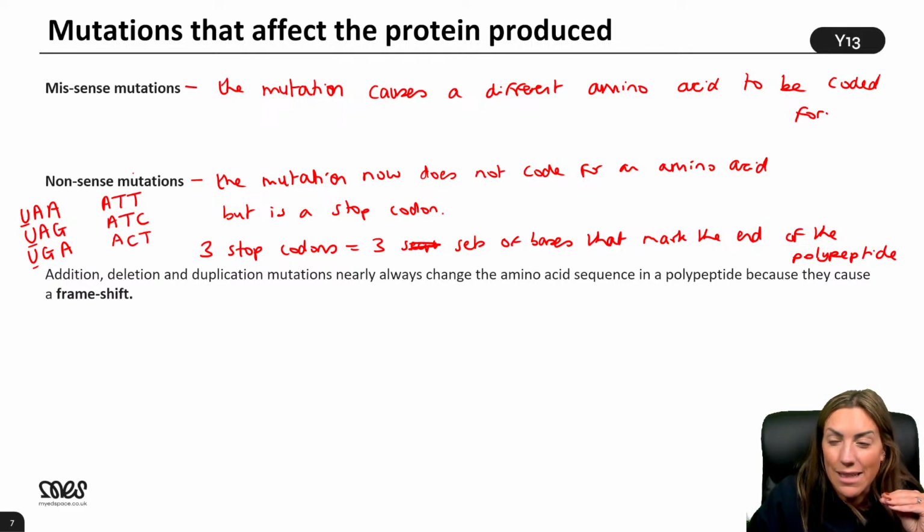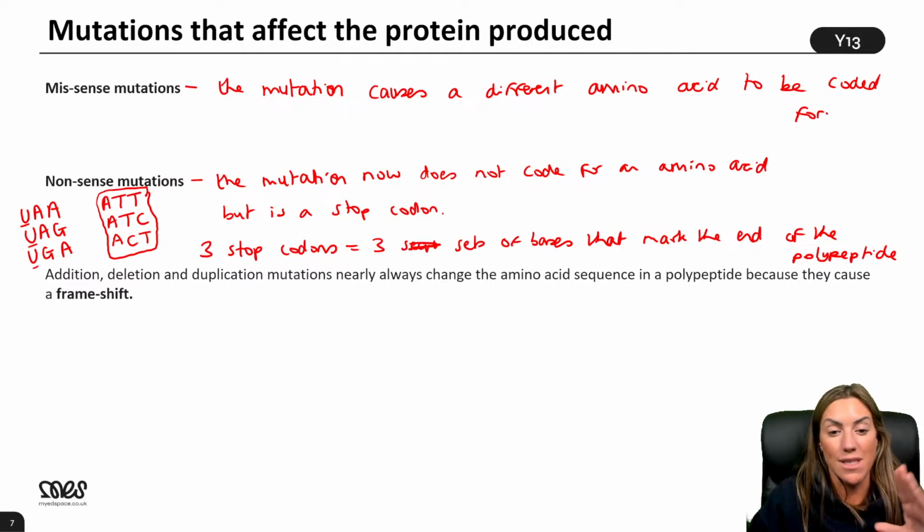So basically, if you get any of these in DNA, then you are marking the end of the polypeptide. You're saying there's no amino acid to go here. This is the end of the polypeptide.